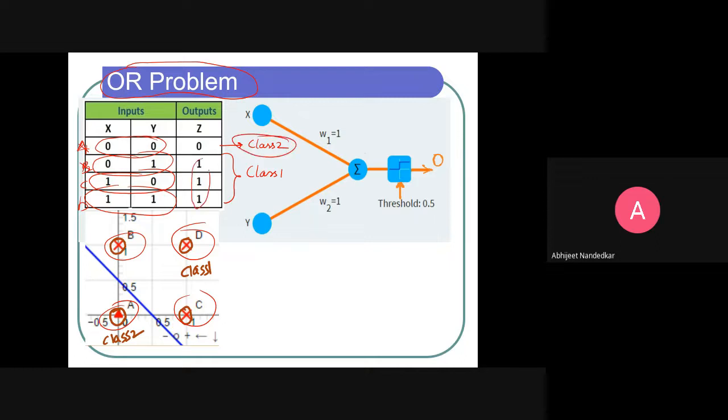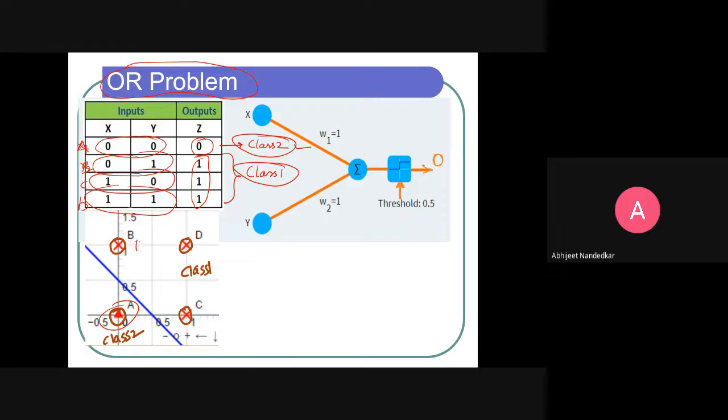Since the output is +1 for all of these, and only this one is producing 0, I can call this class 2, and I can call these class 1. So you can see there are 3 points appearing as class 1 samples.